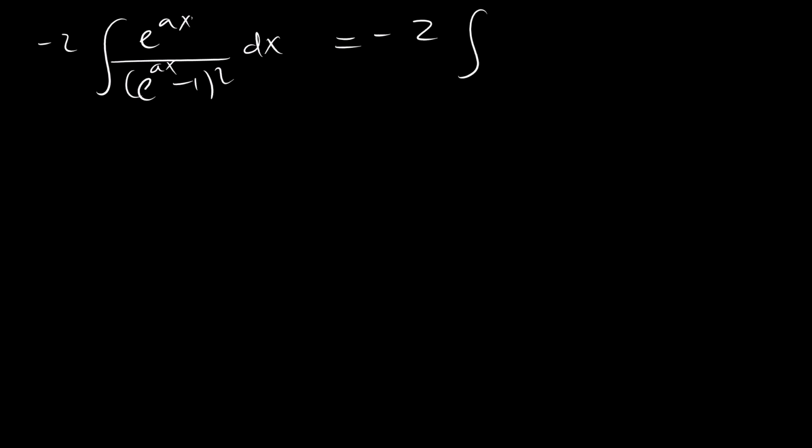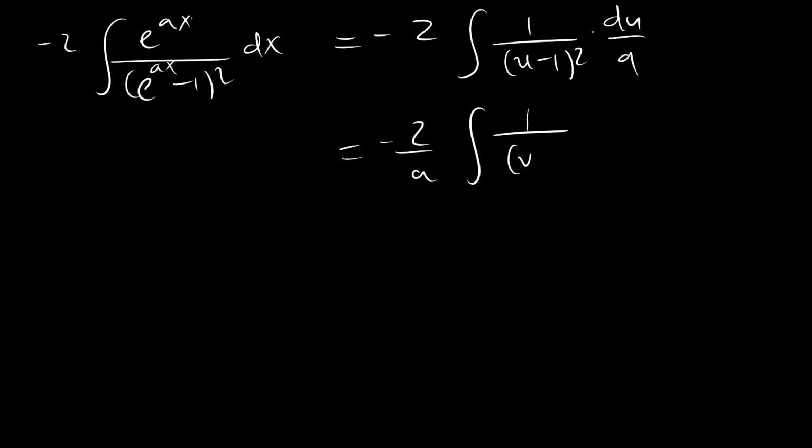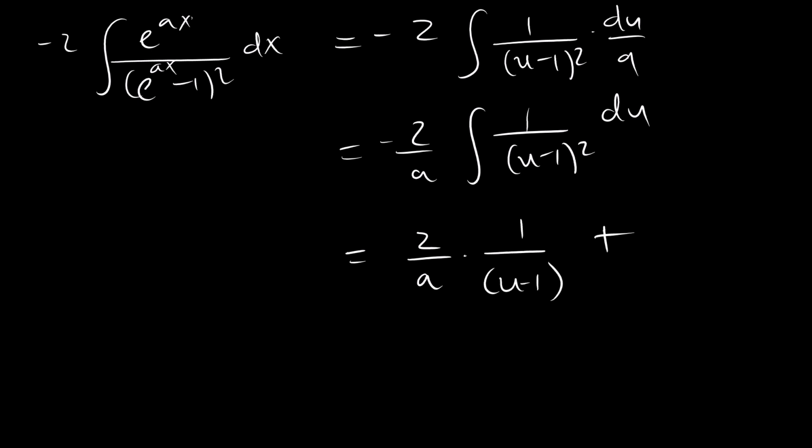It means that negative 2 e to the ax over e to the ax minus 1 squared dx is the same as negative 2 times 1 over u minus 1 squared du over a, which is negative 2 over a times the integral of 1 over u minus 1 squared du, which is the same as 2 over a times 1 over u minus 1 plus c.